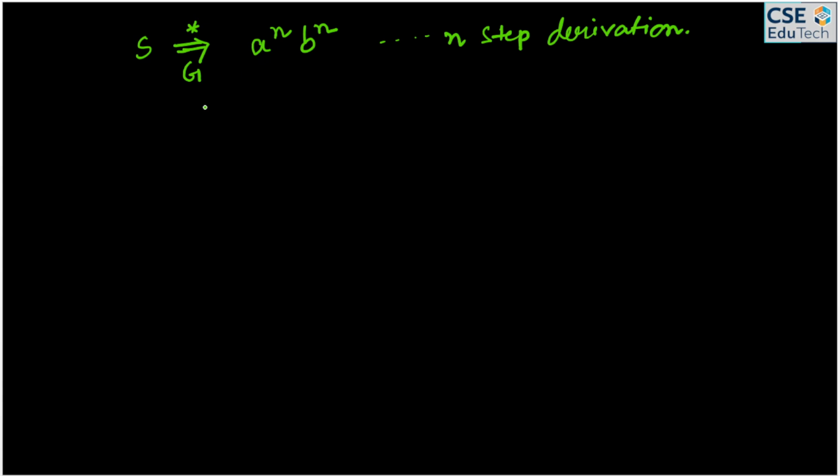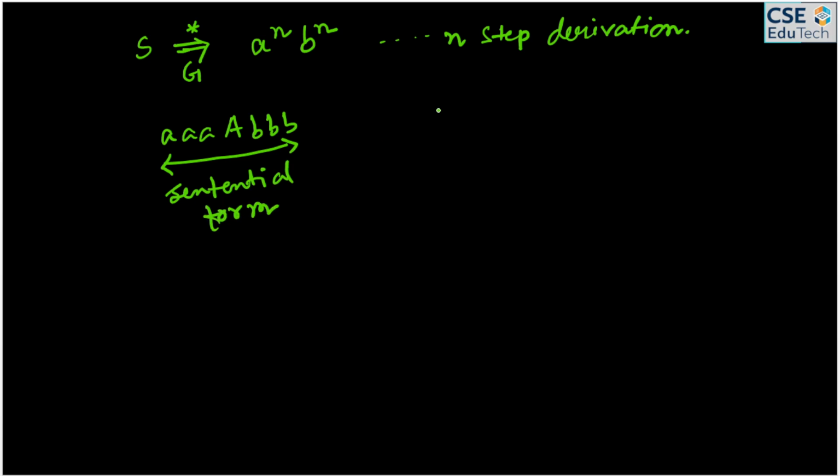Okay. Now if it is a form like a A b, this is called the sentential form. And a to the power n, b to the power n is called the sentence. Okay.